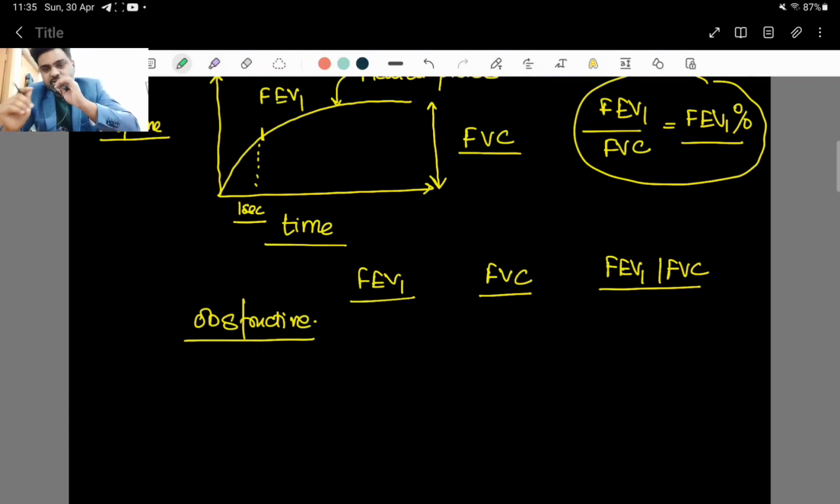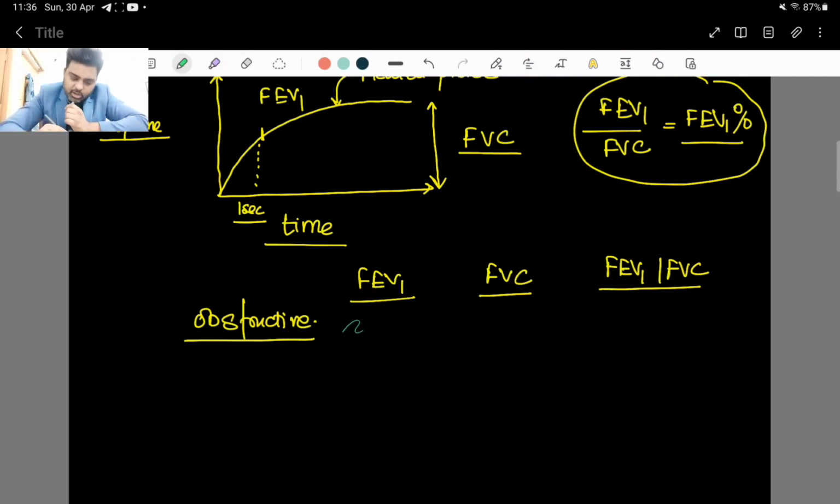So again I am repeating that in obstructive lung disease FEV1 is the main thing that you have to catch, that it is more sensitive. FEV1 and FVC both will decrease in obstructive lung disease, but it is the FEV1 which will decrease earlier and to a greater extent, whereas FVC will also decrease, but after some time, and the decrease will be less as compared to the FEV1.